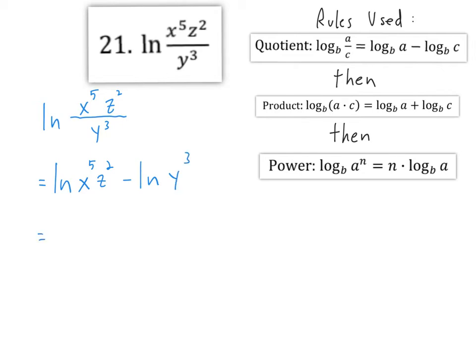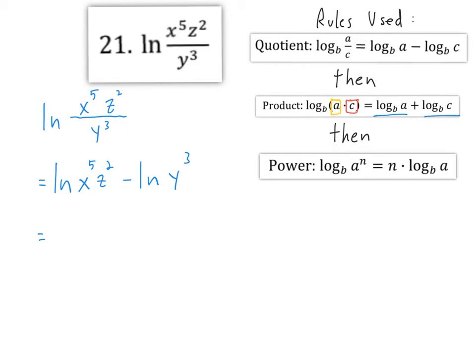Okay, so the first log is 2 things multiplied, and so we can use the product rule. The product rule says if you have the product of 2 things multiplied, a and c, you can split it up into 2 logs that are added.